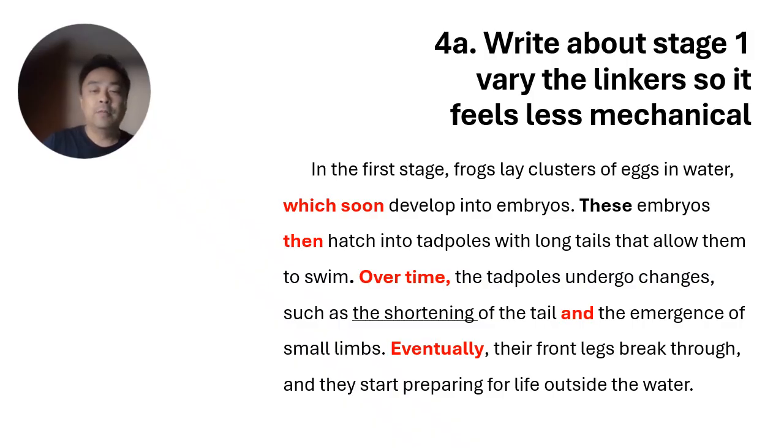So here, I've replaced the firstly, secondly, thirdly, fourthly with a relative clause, with the words then, over time, and over here where we have the shortening of the tail and the emergence of small limbs. This indicates changes that happen gradually and some of which might happen simultaneously, which is why I use the and to join them. And here, instead of finally, I say eventually.